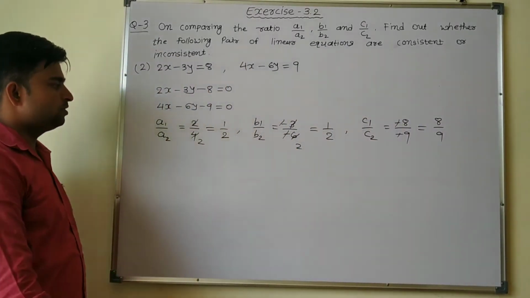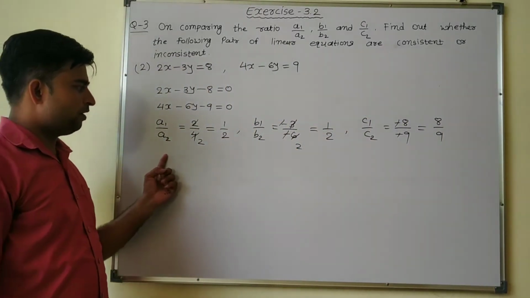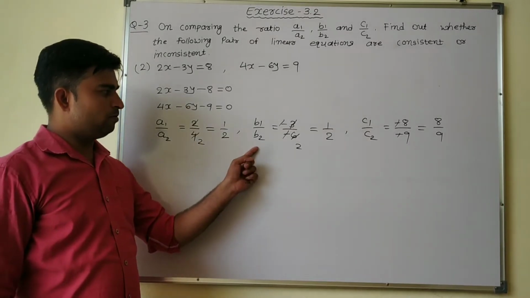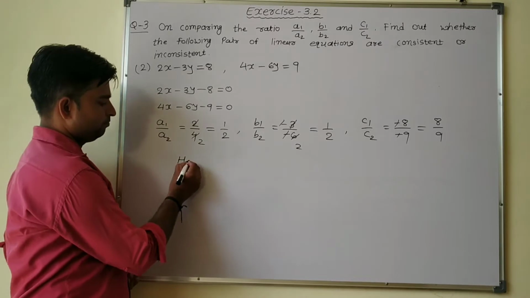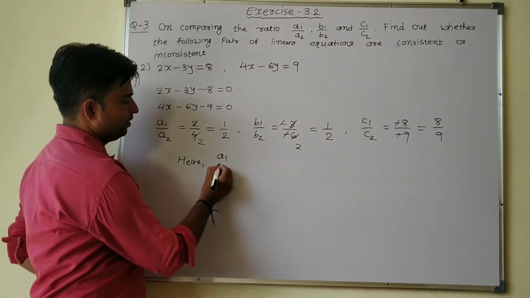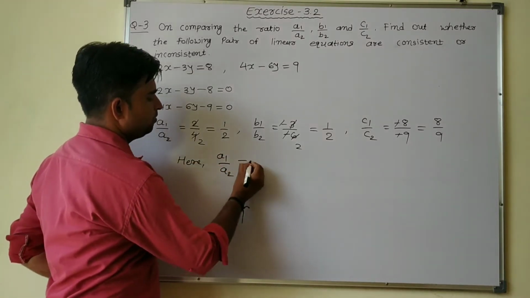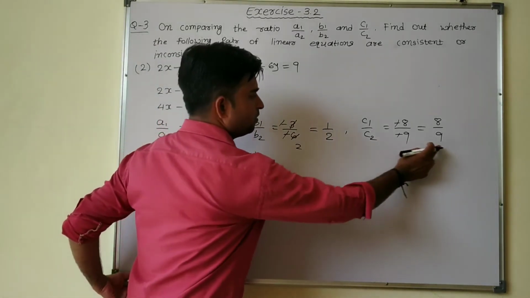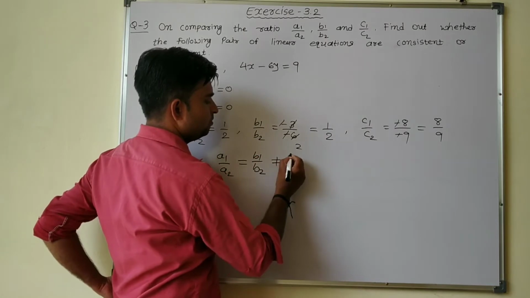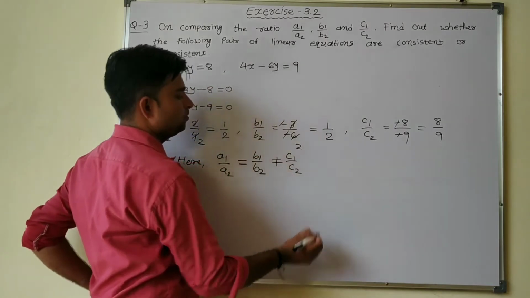So here we observe that the first two ratios, A1 upon A2 and B1 upon B2, are equal. So A1 upon A2 is equal to B1 upon B2, and the third answer is different, so we can say it is not equal to C1 upon C2.